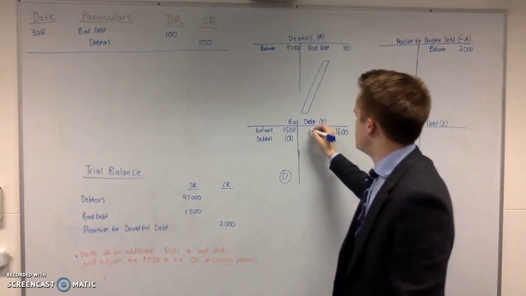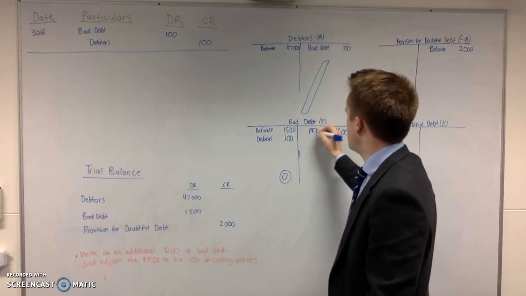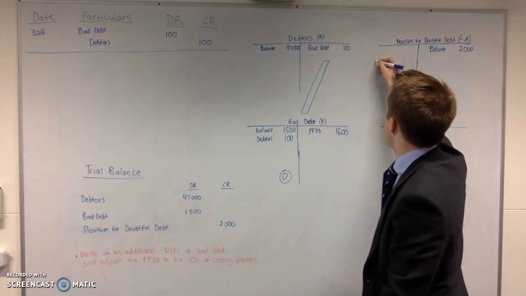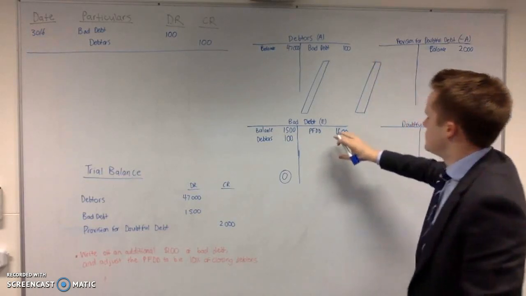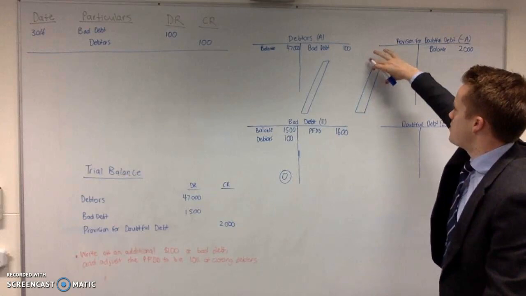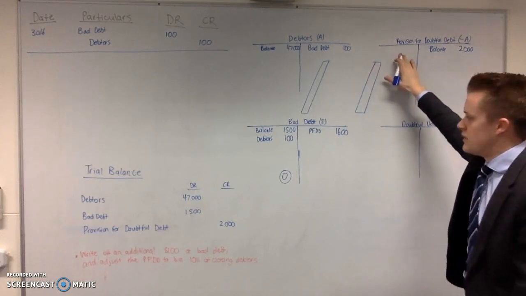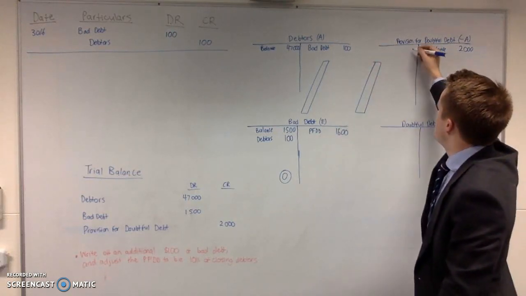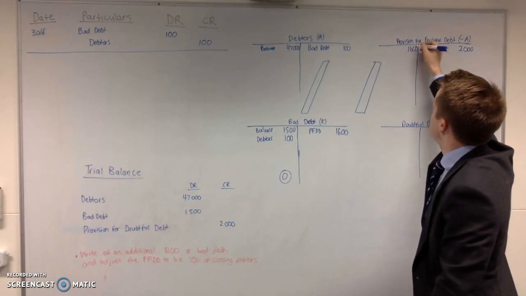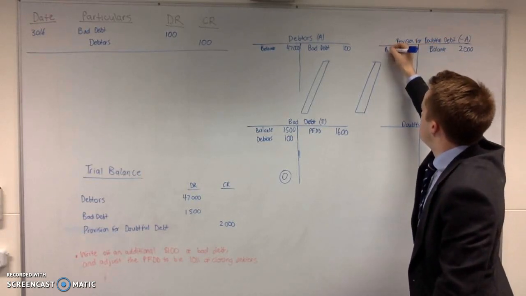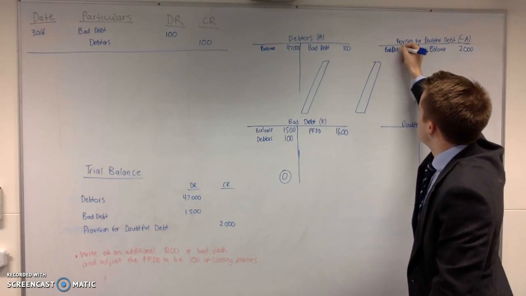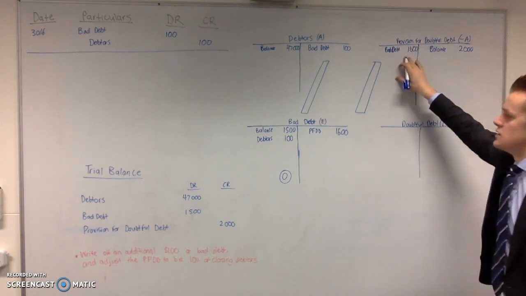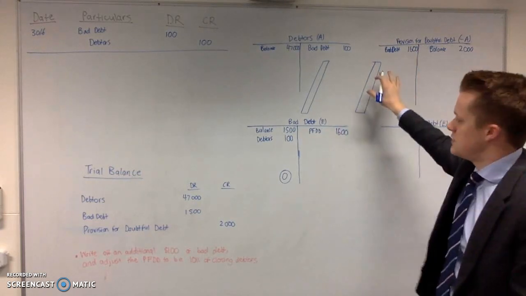The PFDD. This is our second stripe. So from here, follow that line up to the PFDD account. Alright, so PFDD, $1,600, bad debt, $1,600. Okay, so we've done the T account.